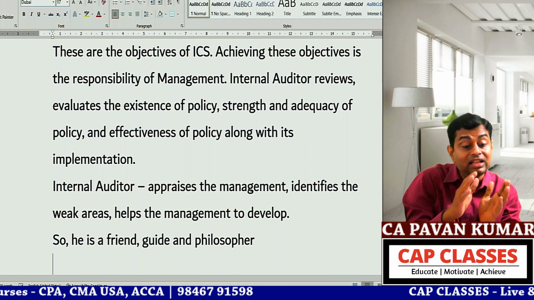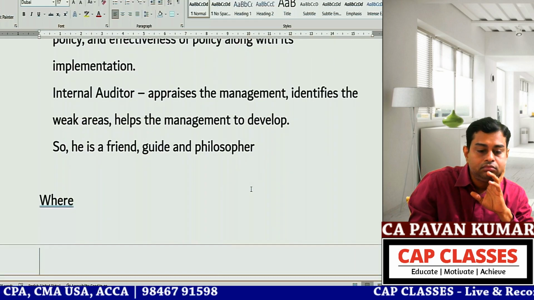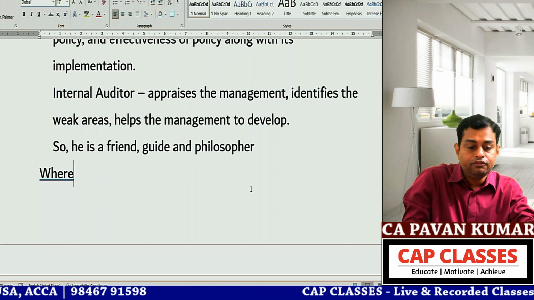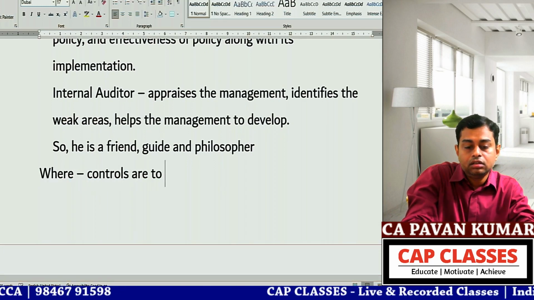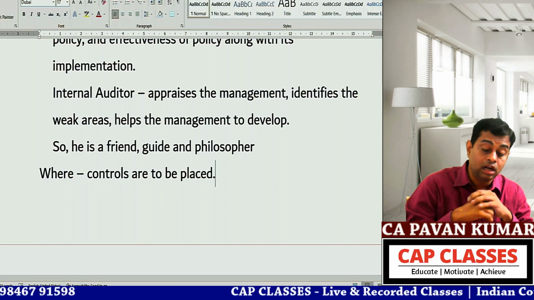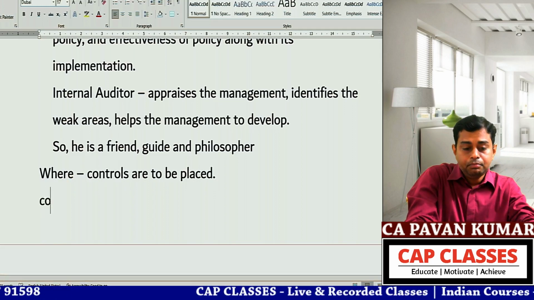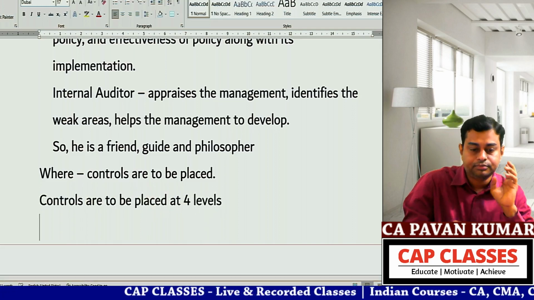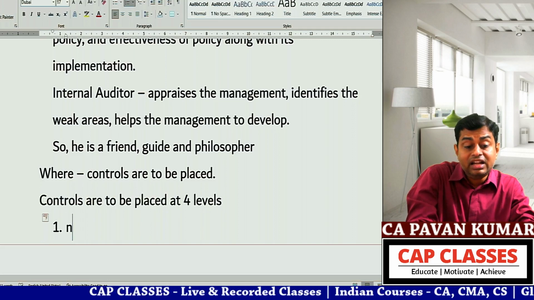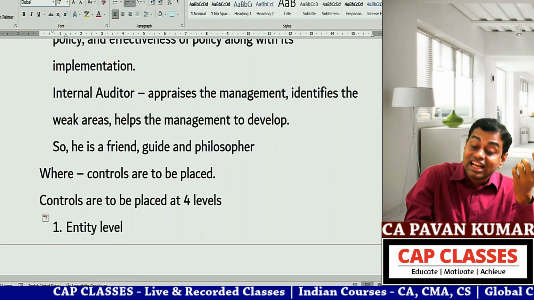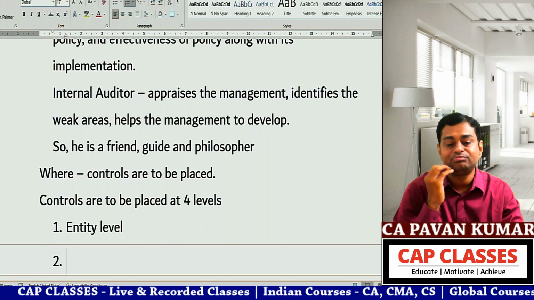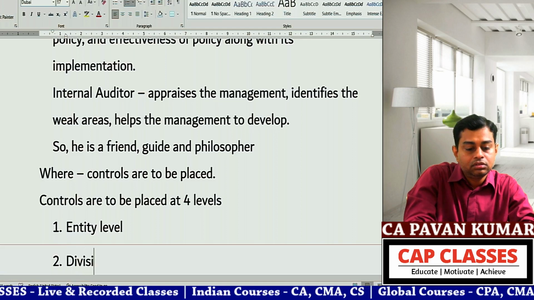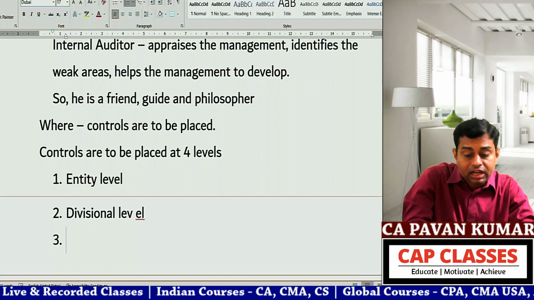Then the third part, the right hand side, where controls are to be placed. Controls are to be placed at 4 levels. One is called entity level, organizational controls. Second one is called divisional level.